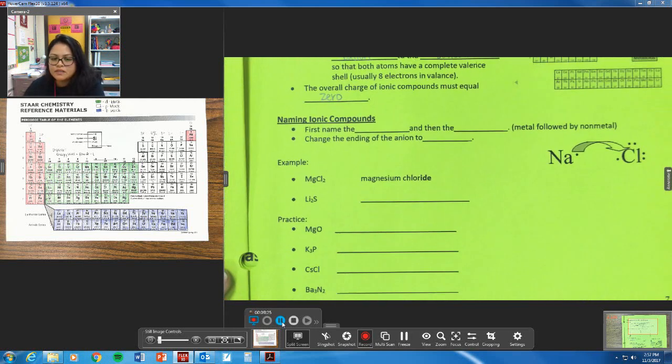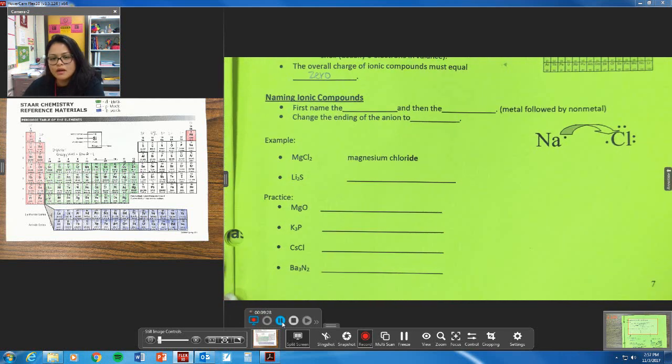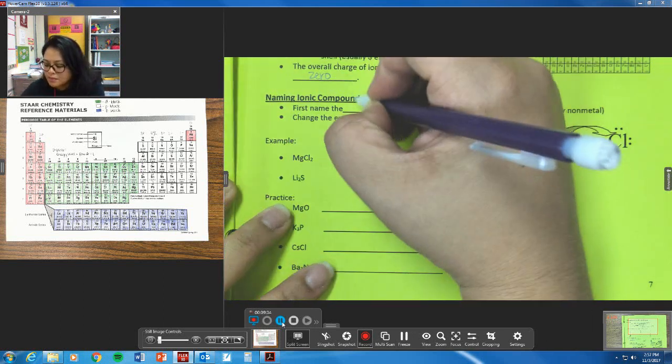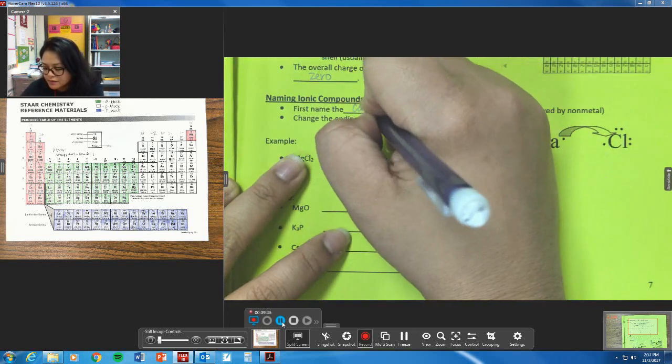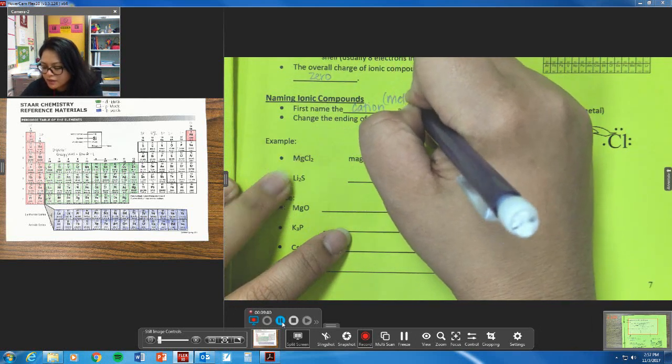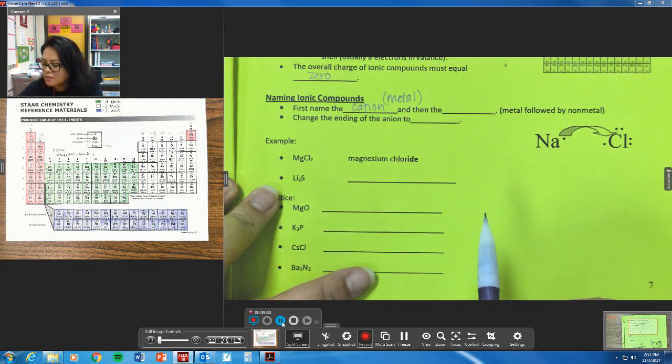Okay, so let's move on to naming ionic compounds. When we name ionic compounds, first we name the cation, or our metal. Remember, our cations are our metals.